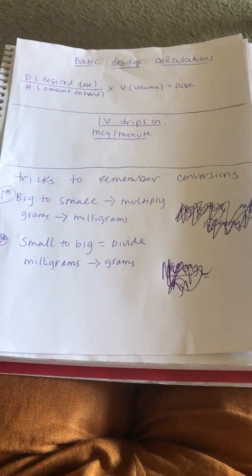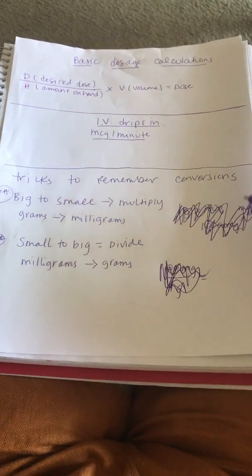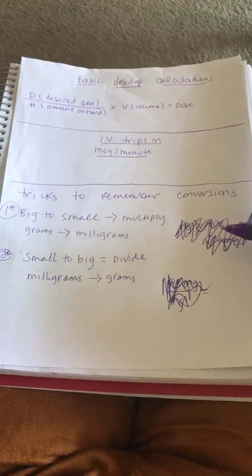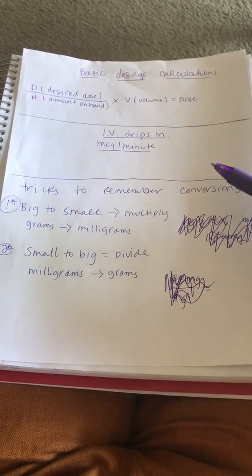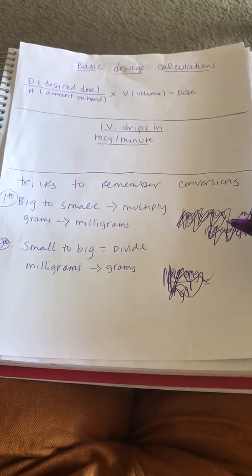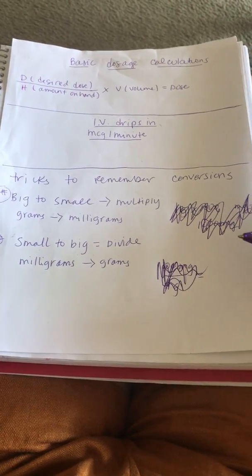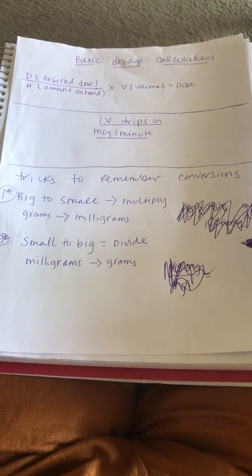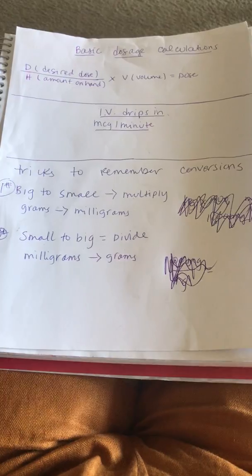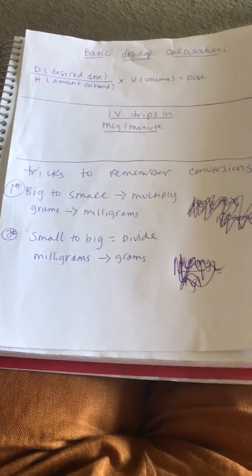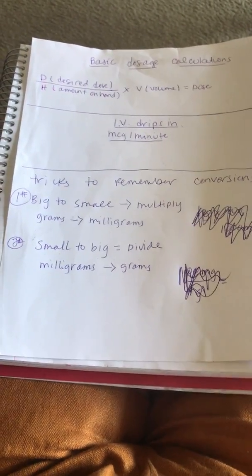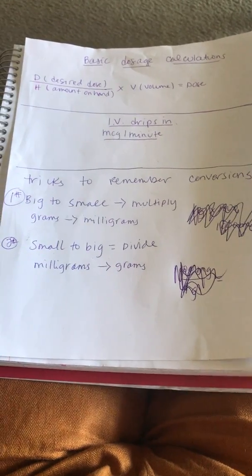Just focus on that. So getting back to the tips and tricks in conversion, this is the way that I remembered converting. People learn so many different ways. This is one way that I really just was able to zone in and remember, okay, I have grams, now I have to get it to milligrams.